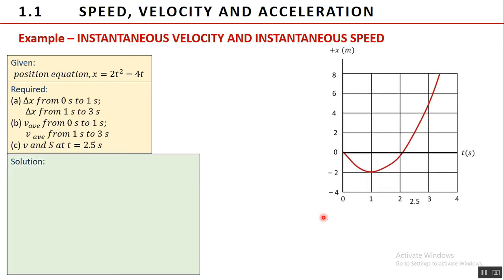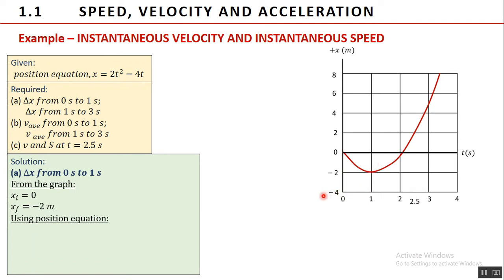For Δx from 0 to 1 second, the first thing we need to do is to determine the initial and final positions for the specified time interval. If we refer to the position-time graph, we see that x_i = 0 and x_f = −2 meters. Another approach, in the absence of a graph or if you find difficulty in reading the exact value of the position, is to solve for the positions using the position equation by substituting the values of time t.